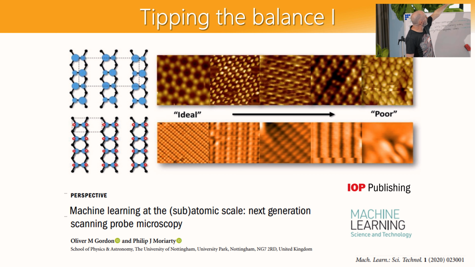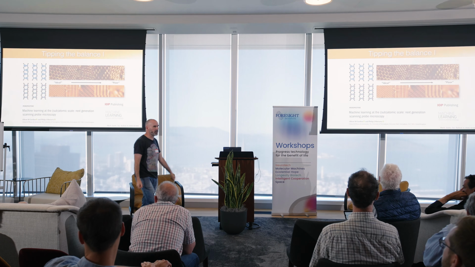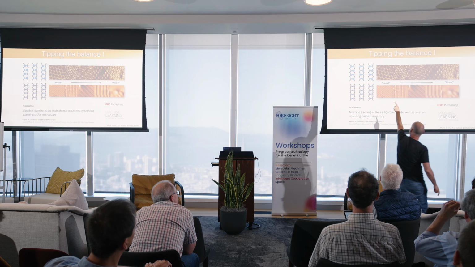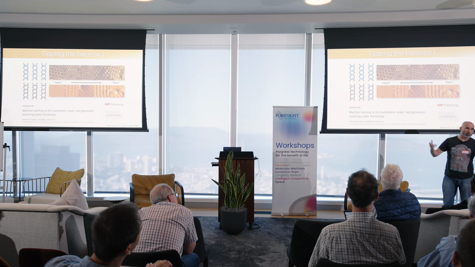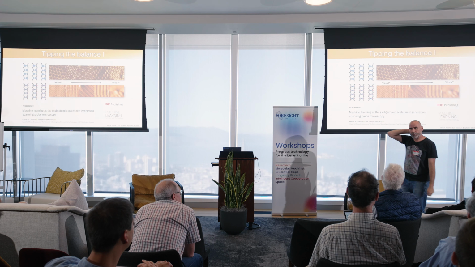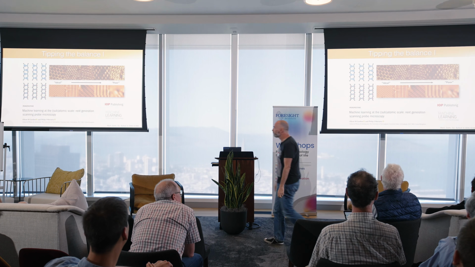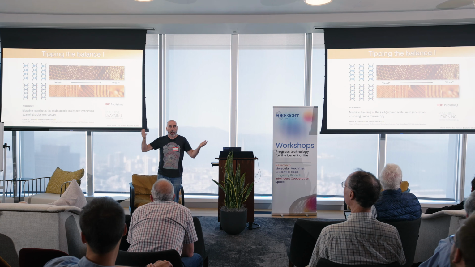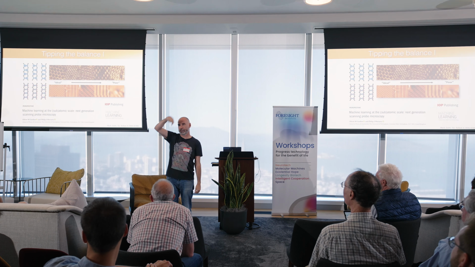But the top set of images, all of the same surface, and that's what the tip does. So the one here on the left, the ideal one, that's the one we published. That's our representative image. The rest of these are the ones hidden away on the hard disk, or many years ago hidden away in filing cabinets. All the way up to this one at the end. What the hell's going on there? And all of that depends on the tip.